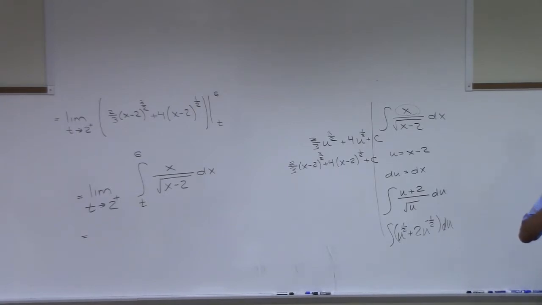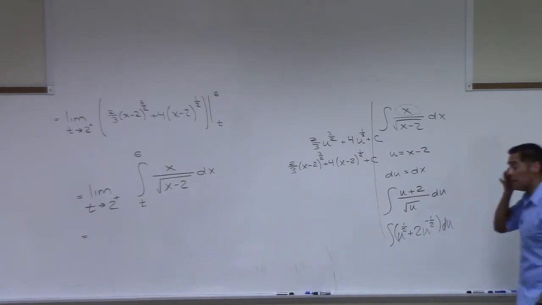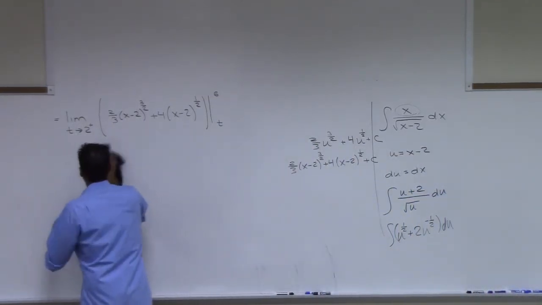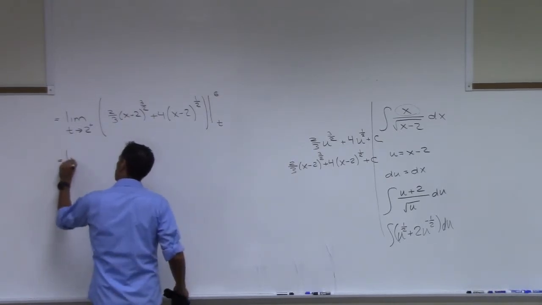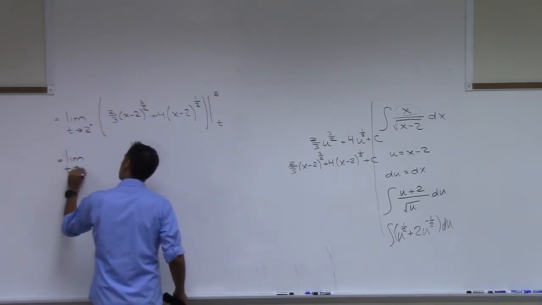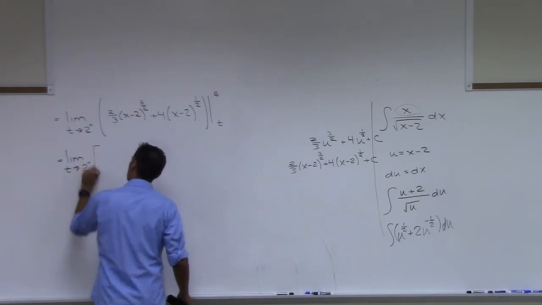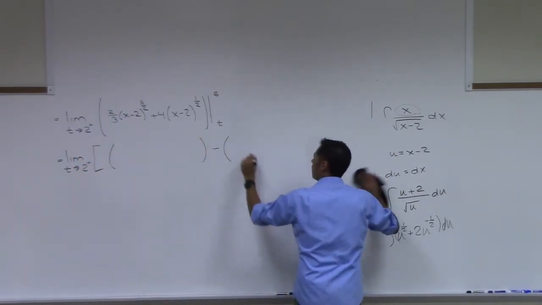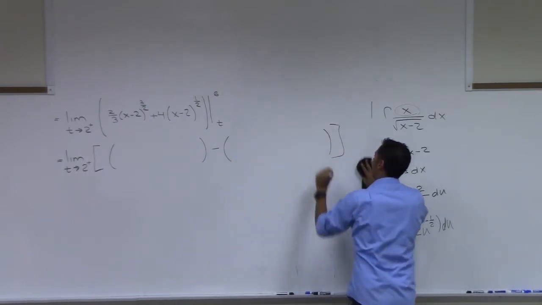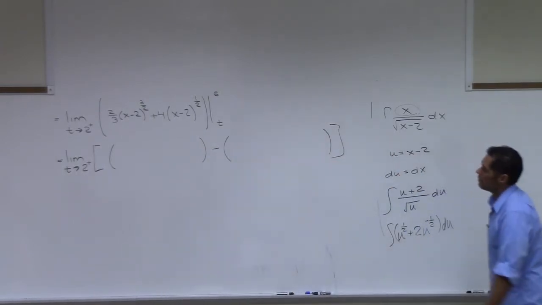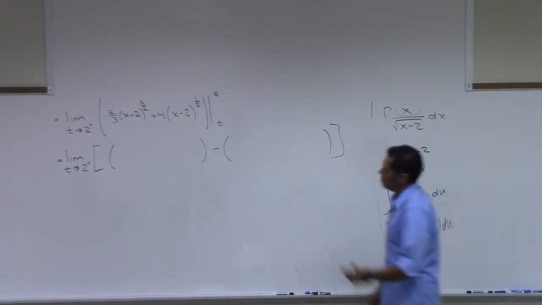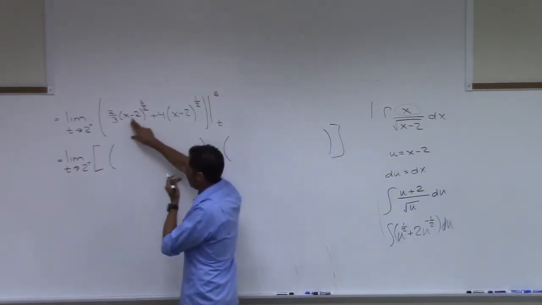Make sense? All right, let's plug in 6, let's plug in t, and then we'll take a limit. Limit as t goes to 2 from the right. Okay, we're going to have two things here. When 6 goes in, we'll just have 6 minus 2, which is 4.